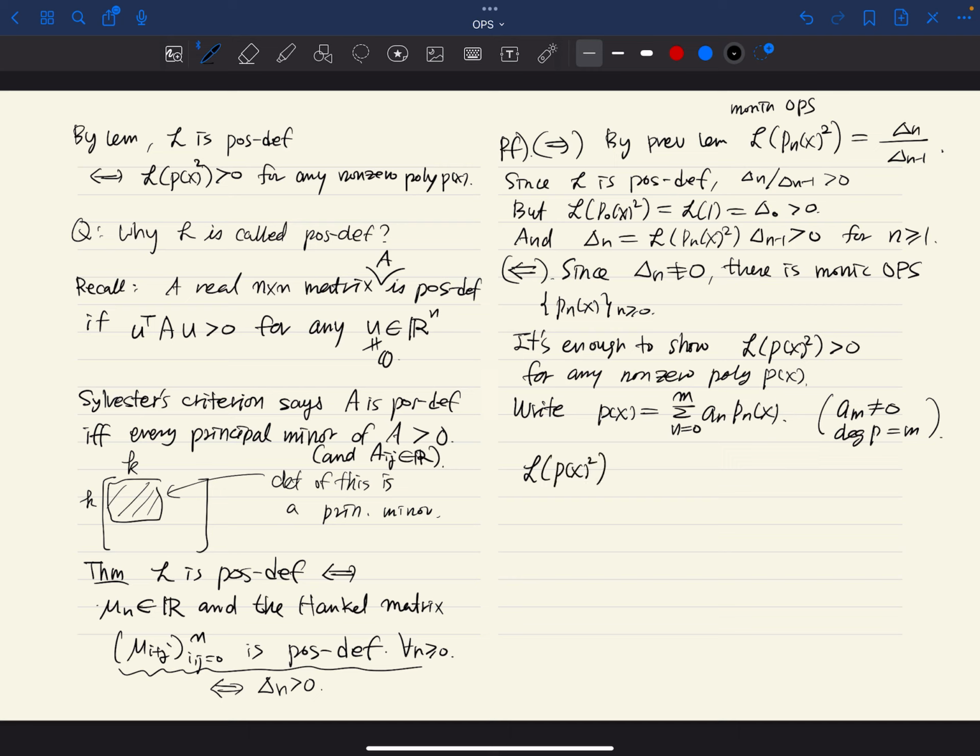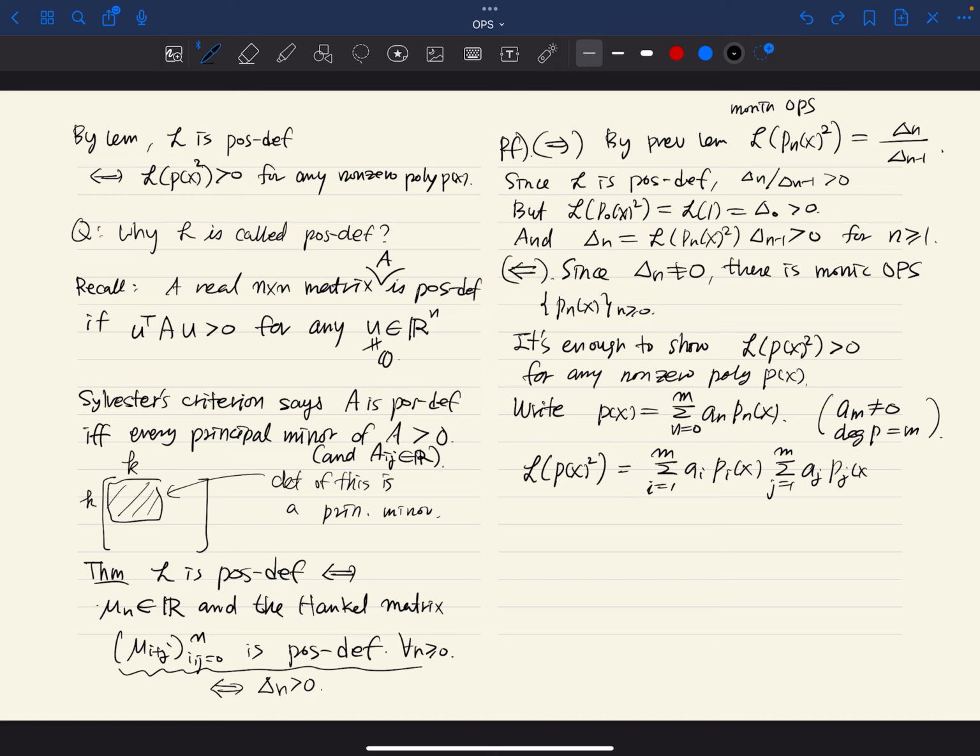Then you just take the square of this and take the linear functional, and by the linearity, I can write the sum over i from 1 to m of a_i p_i(x), the sum over j from 1 to m of a_j p_j(x), and then you take the linear functional there.